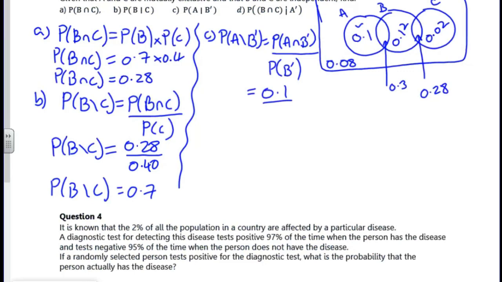We know that B is 0.7, so not B is 0.3. So I've got a third for that one.